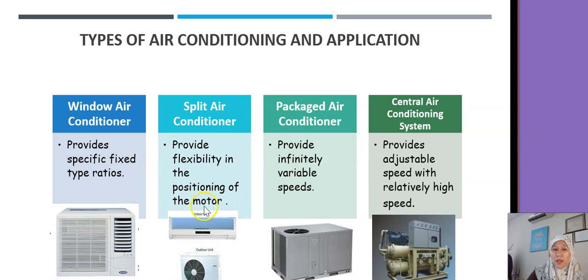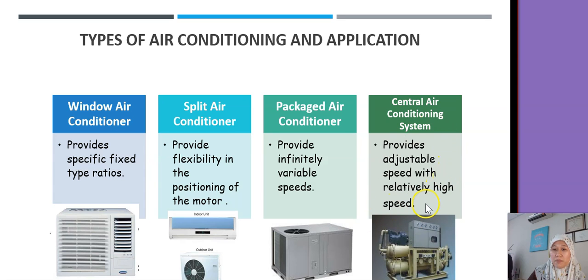And package air conditioner means that it's for a bigger building. So they have a bigger unit of condenser, and also a bigger unit of evaporator. And then these are the centralized air conditioning systems. This one is for big buildings, like tall offices.